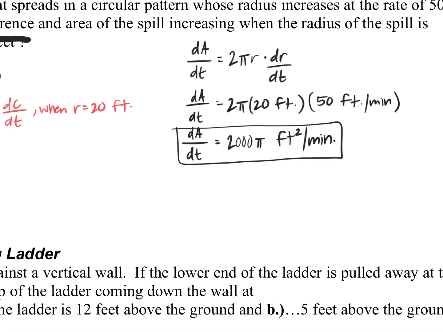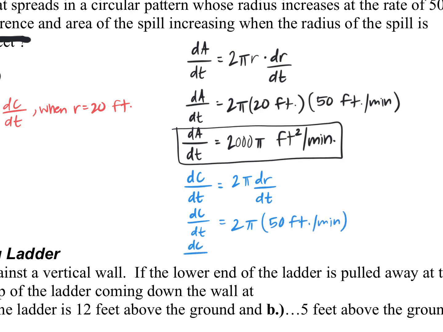Now we've got to figure out our circumference. So let's take the derivative of our circumference formula. dC/dt is equal to 2 pi times dr/dt. Plug in the information we know: 2 pi times 50 feet per minute.